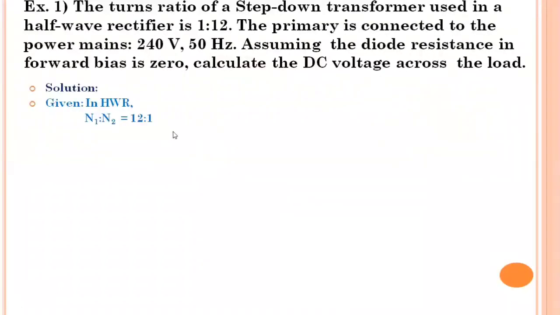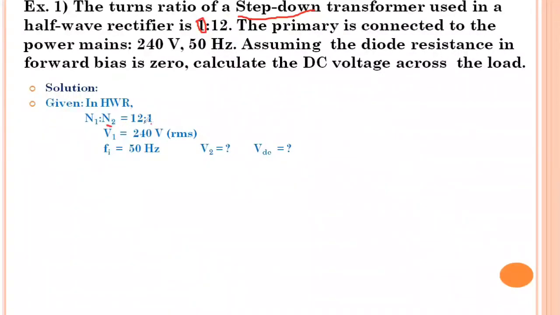In the case of a half wave rectifier, let me recollect the given things. Very first, the transformer is of step down type. That means the turns ratio of the secondary is less, not the primary.